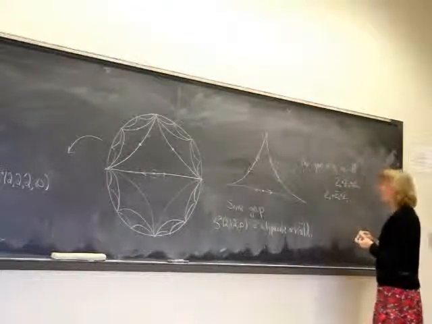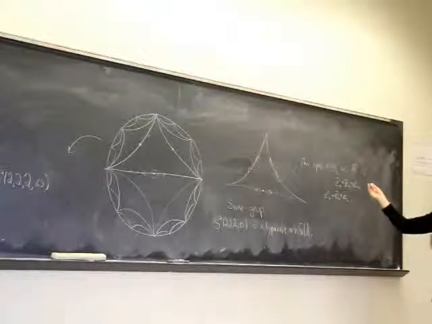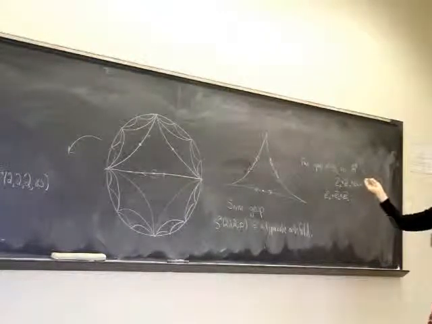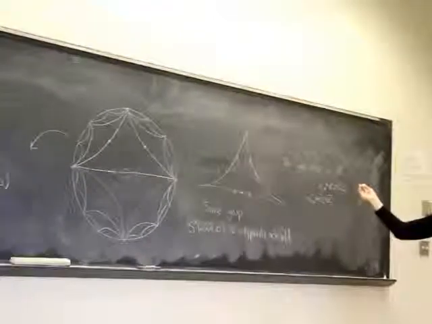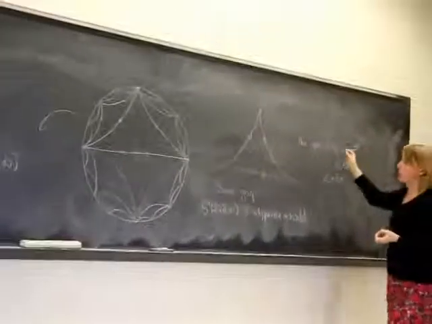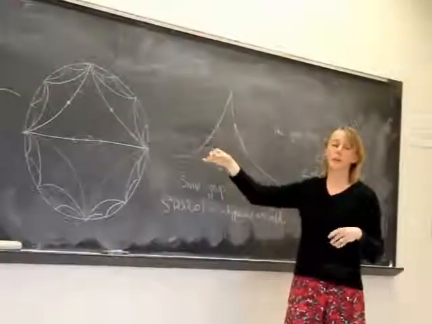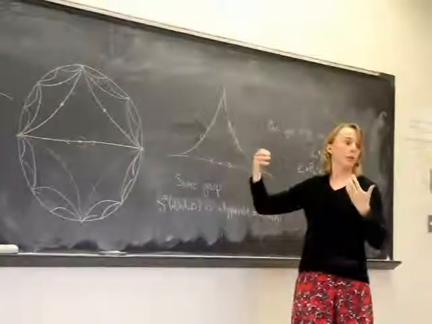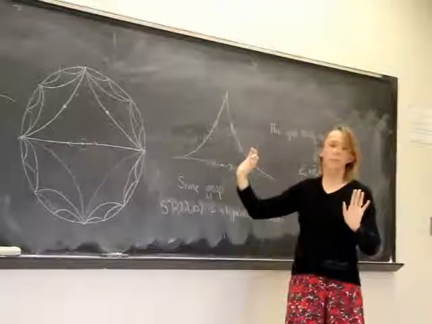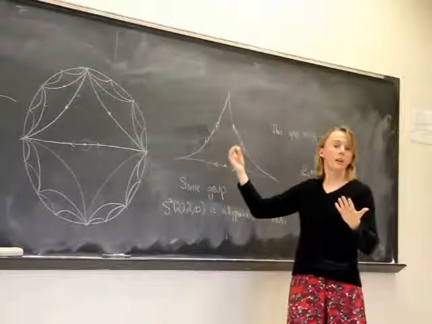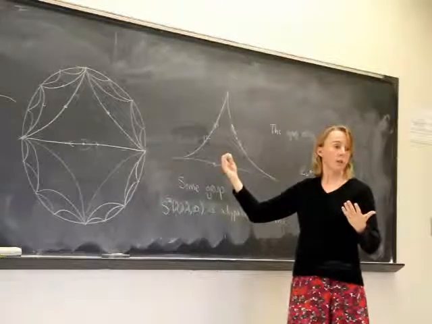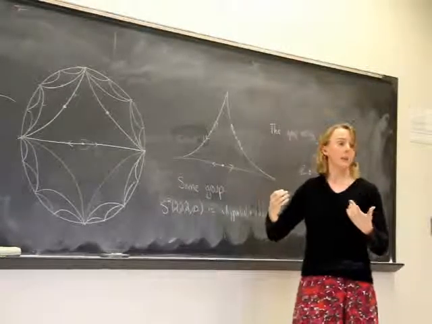By the way, this is the orbifold fundamental group. If you're in my algebraic topology class, we spend a lot of time defining the fundamental group. But for the orbifold fundamental group, one way to define it is to take the universal cover, for a good orbifold, and the group acting on the universal cover to give you the space is the fundamental group.